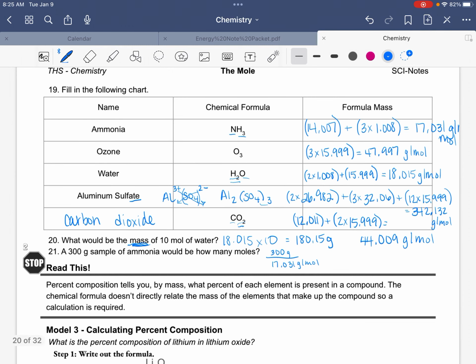My grams cancel, so I'm just left with moles. So 300 divided by 17.031, I'm going to get 17.6 moles of ammonia.